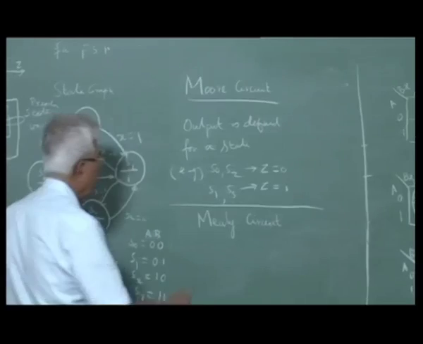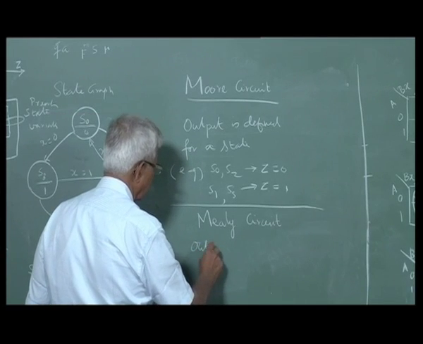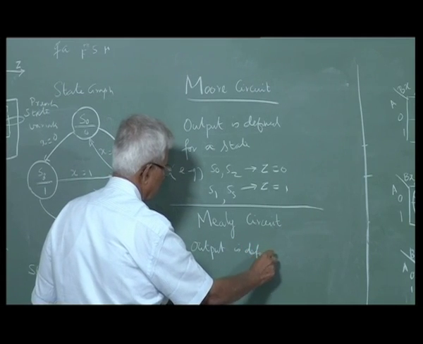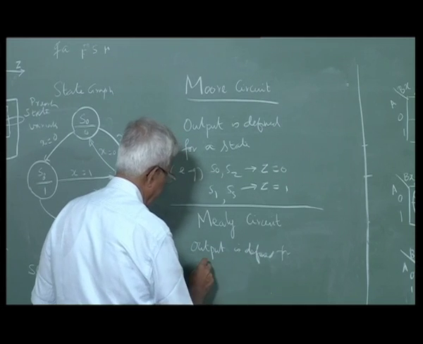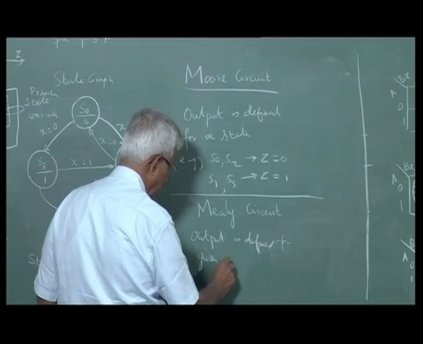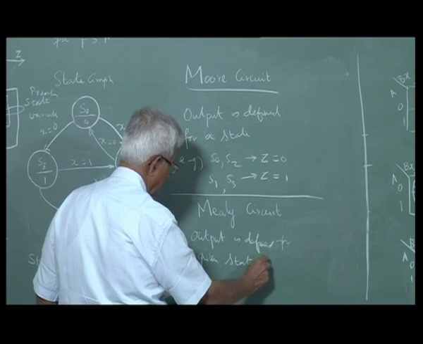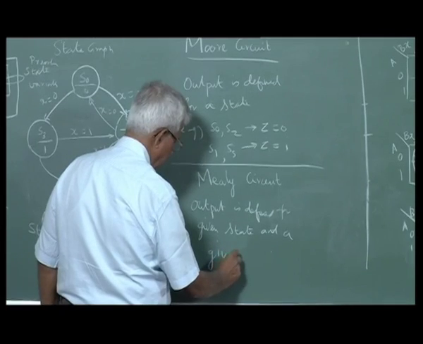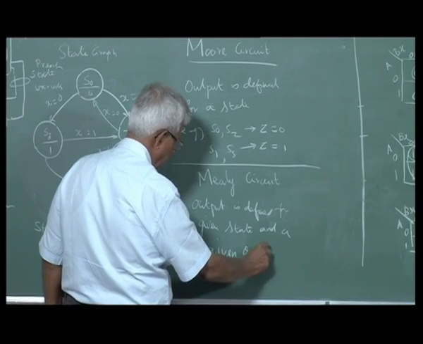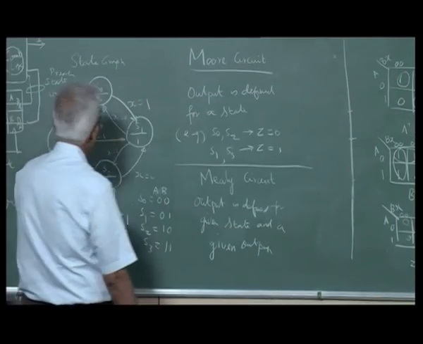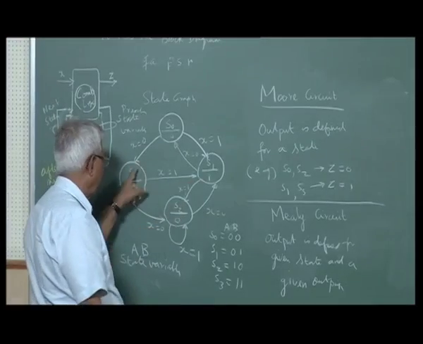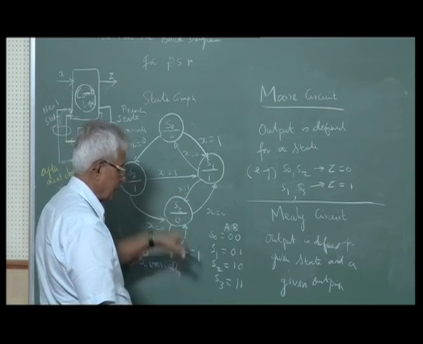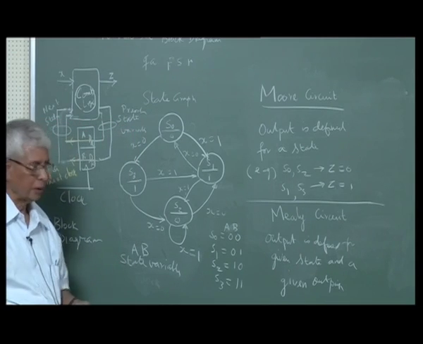So output is defined for a given state and a given input. That means, instead of drawing 0, 1, 0, 1, if x is equal to 1, the output is this much. X is equal to 0, the output is this much. If I do that, this becomes a Mealy circuit.